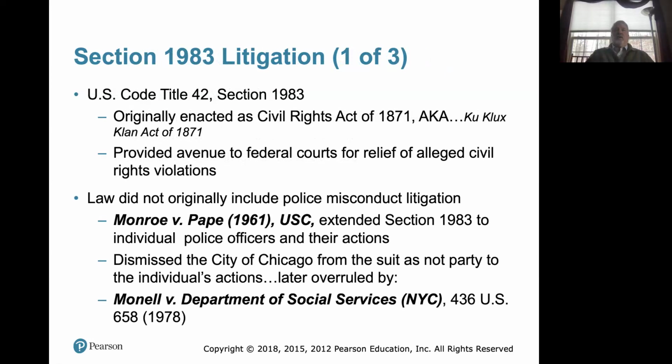So the idea was, as you can imagine, if it's a state that's sympathetic to the Ku Klux Klan operations, and for those of you who maybe don't know what the Ku Klux Klan was, I'm not sure how to describe it. It was really kind of a group of racists who wanted to assert white supremacy, which would be against anyone who wasn't white, not just African American folks or other kinds of people.